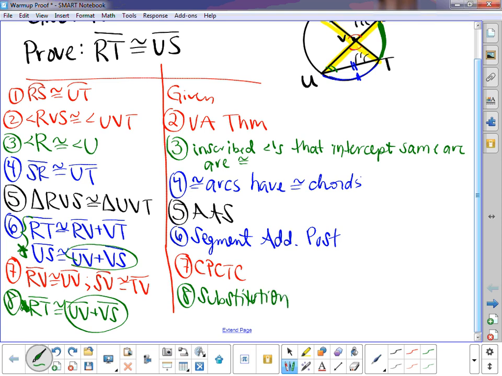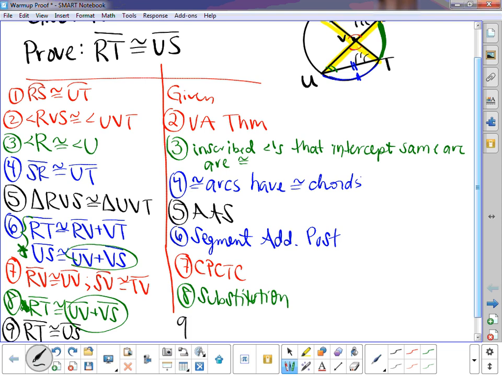And now can I make my final statement? See if I can squeeze it in there. For the next one, you can actually go either way. Yep. Alright, was it RT came first? RT is congruent to US. And what's my reasoning for that?